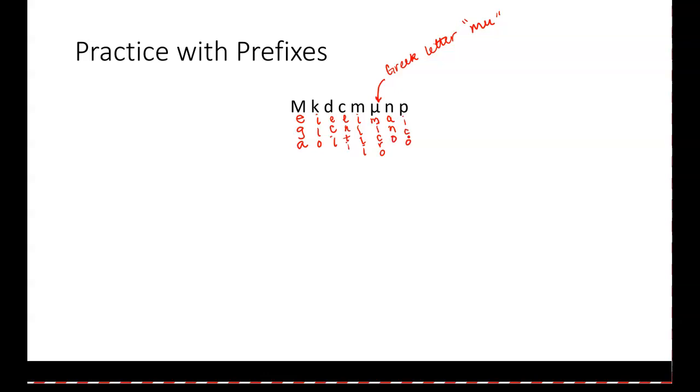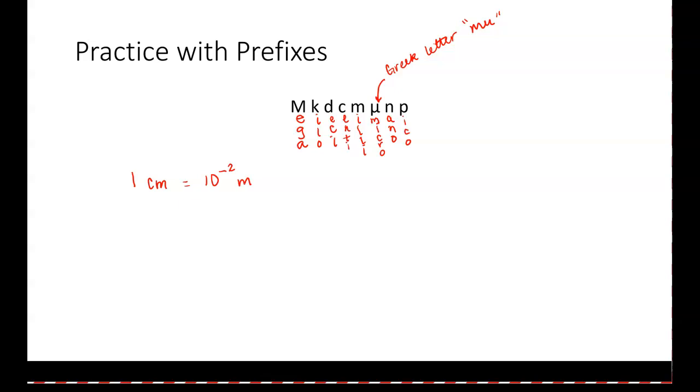Okay, so let's work with centimeter because that one's pretty common. So 1 centimeter, you know that centimeter is 10 to the negative 2 meters.